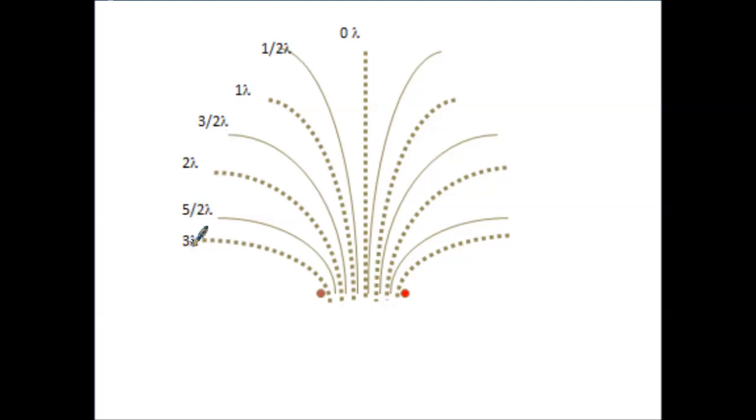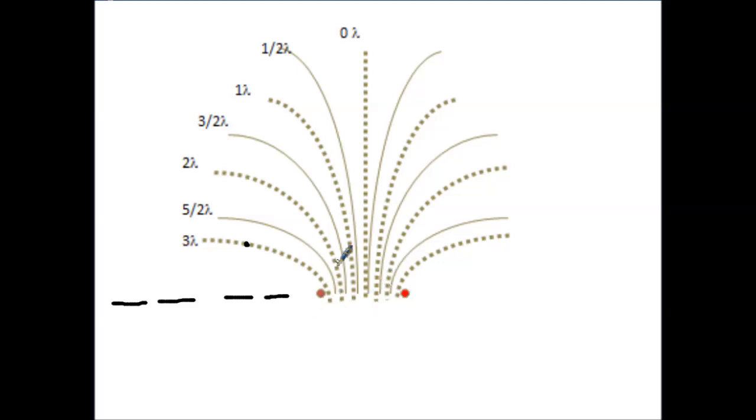If you went to the most extreme position out here, then the difference in the distance, like this point here, you are looking at the difference from that source and this source. But if you went to this most extreme difference, then the maximum difference in the distance from the two sources would be the distance between the two sources.